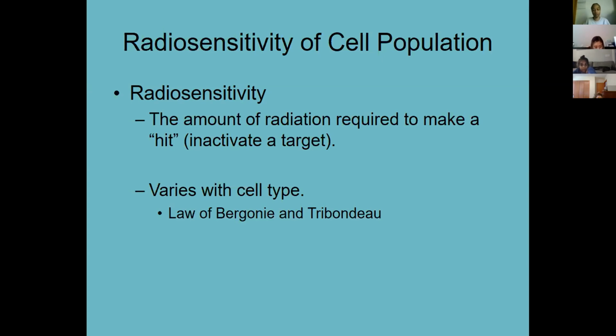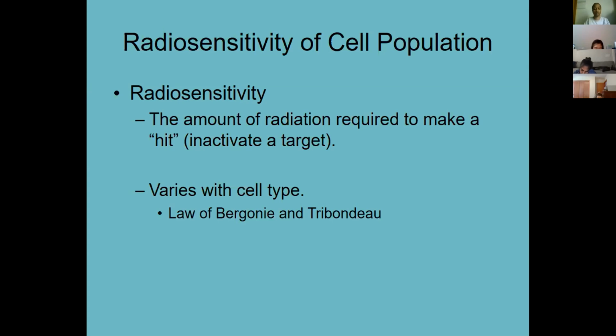What was the other factor identified by the law of Bergonie and Tribondeau? Mitotic activity. So which would be the most radiosensitive, a high mitotic activity or a low mitotic activity? High. So cell types that are most radiosensitive have a high mitotic rate and they're poorly differentiated.